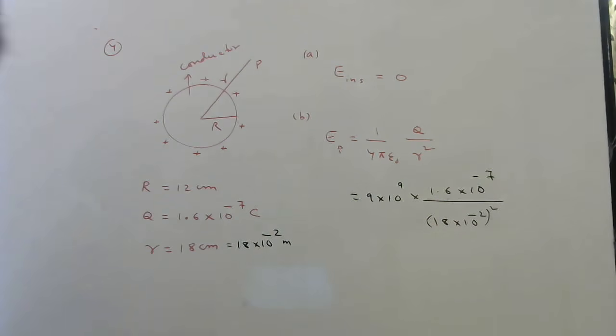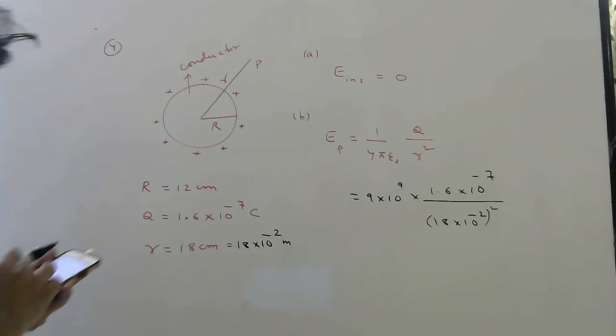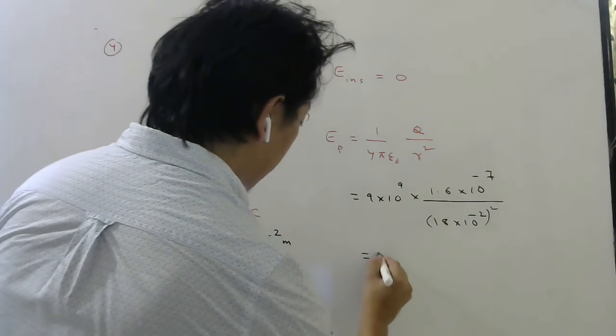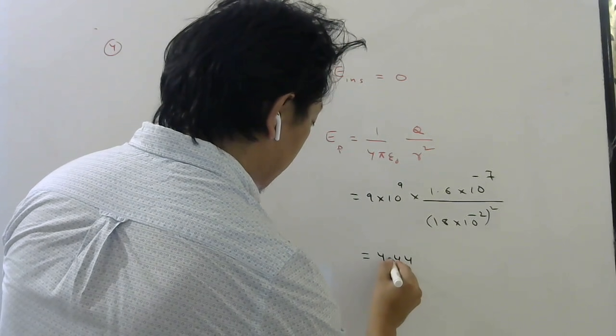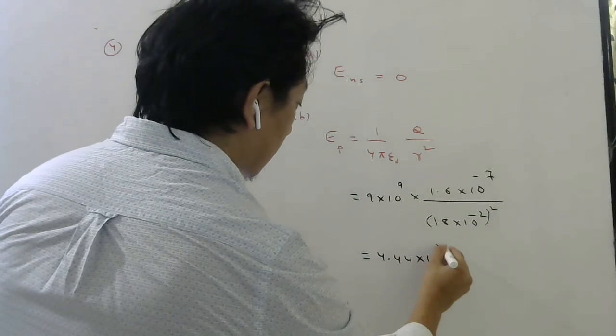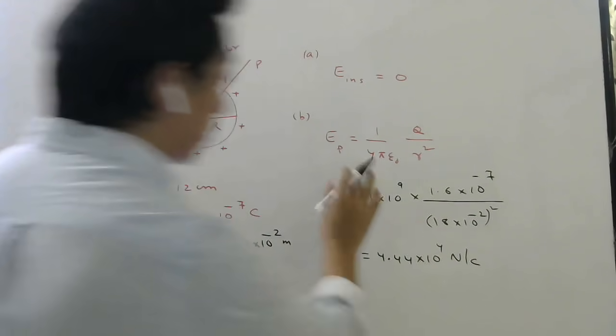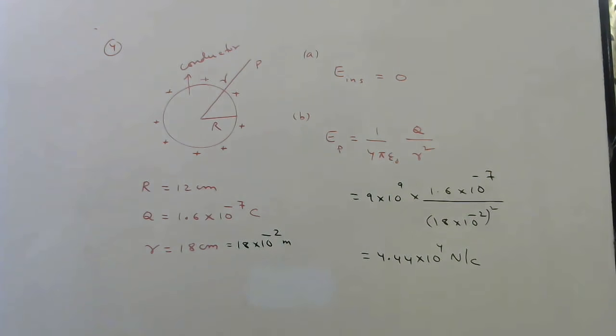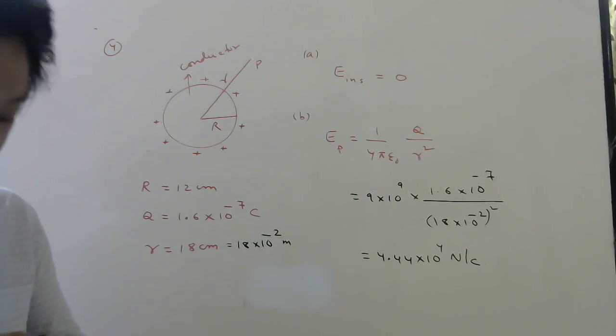Okay, so solve this, answer I will tell you. So answer should come 4.44 into 10 to the power 4 Newton per coulomb. So please check the calculation, okay? And if it is wrong, let me know in the comment section.